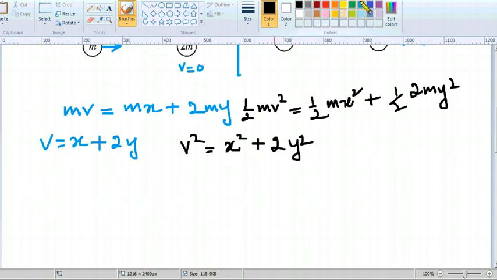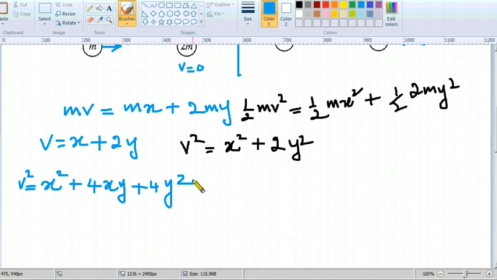So we take the square of this because we have to substitute for this v squared. So v squared equals x squared plus 4xy. Remember 4, not 2. Then 2 times 2, 4y squared. Because in mathematics we take this as x, we take all this as y: 2 times xy. So we substitute it here.